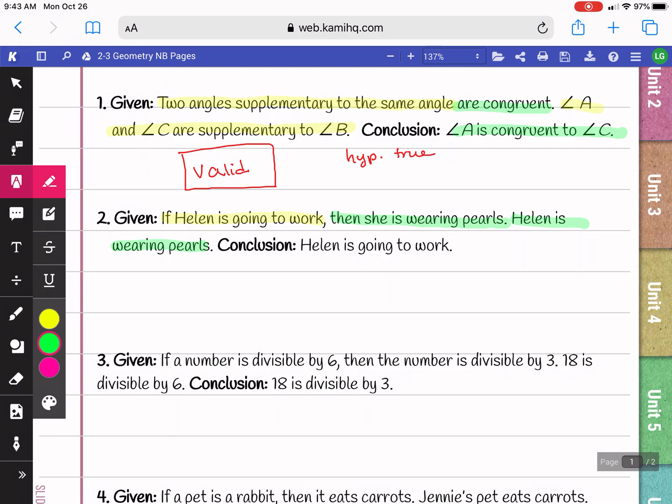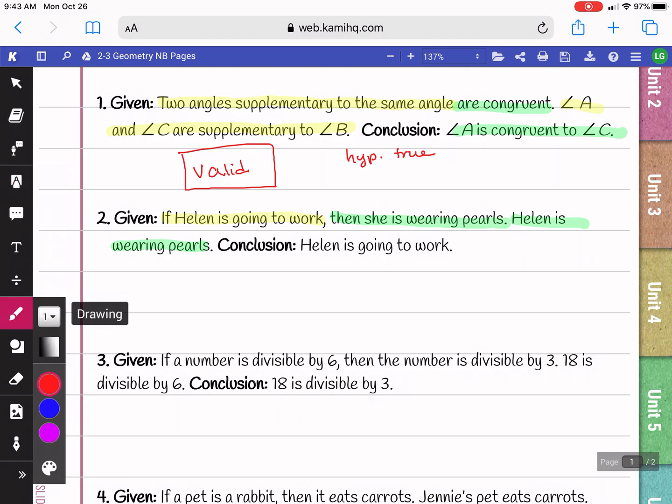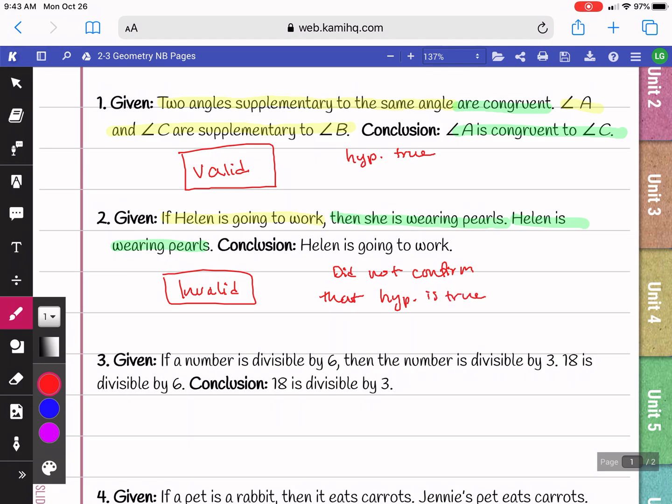She could be wearing pearls to go out to dinner, to go somewhere else. So this is invalid. And that's because we did not confirm that the hypothesis was true. So again, you want to make sure when you're using law of detachment that they're telling you the hypothesis is true.